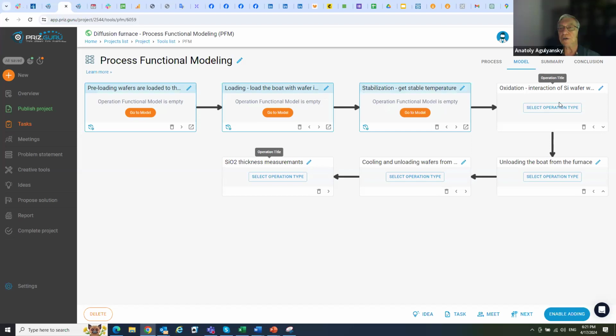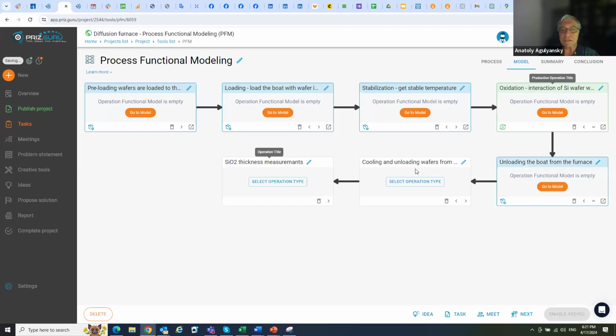Oxidation, when we created silicon oxide on the surface, it's already irreversible. We can remove it, but it's actually irreversible. It's a productive operation. Unloading is also providing, or maybe corrective, doesn't matter.